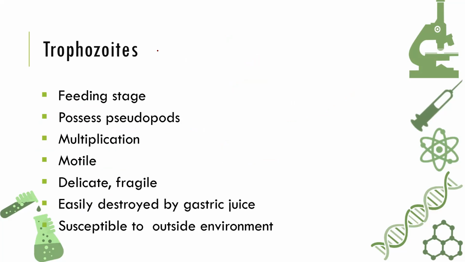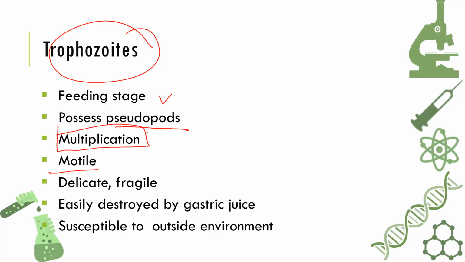Let's discuss trophozoites first. The trophozoite is the feeding stage. It is the morphological form that possesses pseudopods, therefore it is motile. This is also the stage of our amoebas capable of multiplication, and the multiplication of our trophozoite is through binary fission.